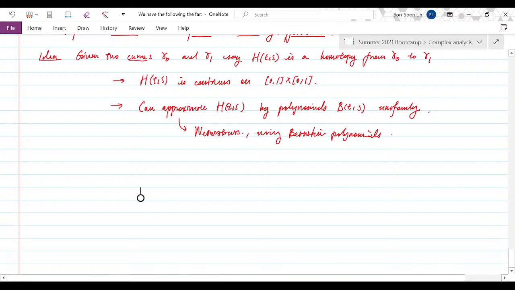Given our homotopy H(t,s), which is continuous, right?